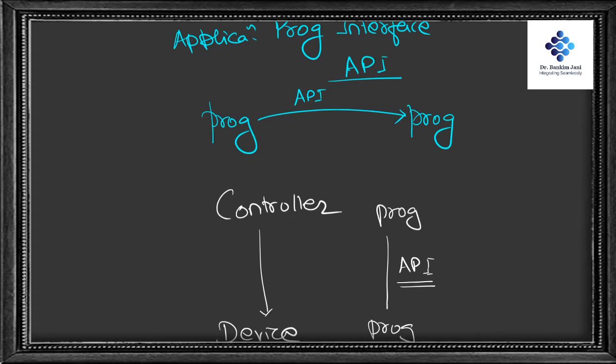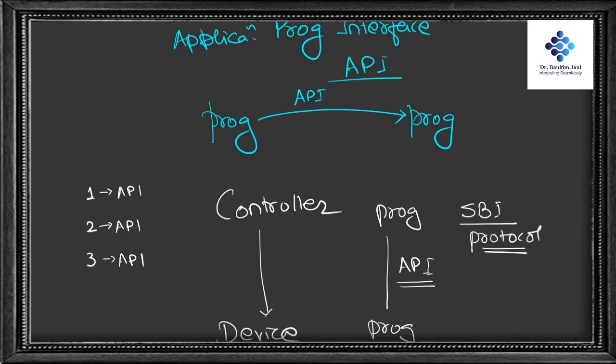And what SBI, the southbound interface, is, it is a protocol. In this protocol, various types of APIs can run. Let's say there is function 1, function 2, function 3, so there might be a separate API for function 1, a separate API for function 2, a separate API for function 3.